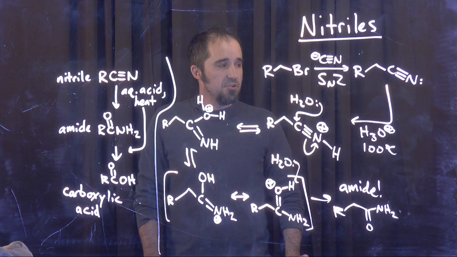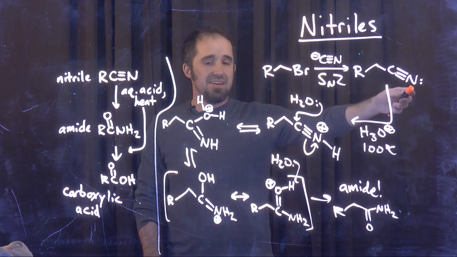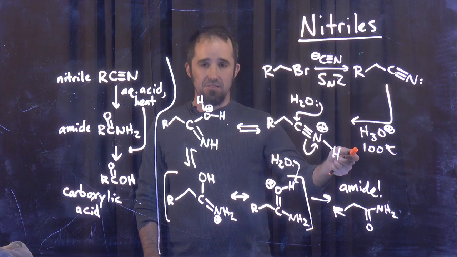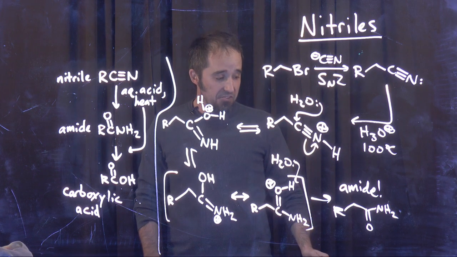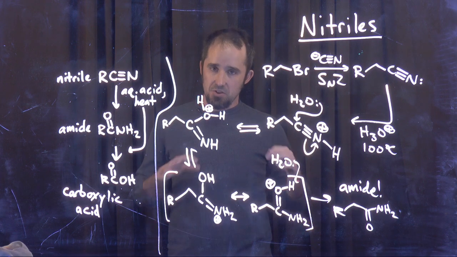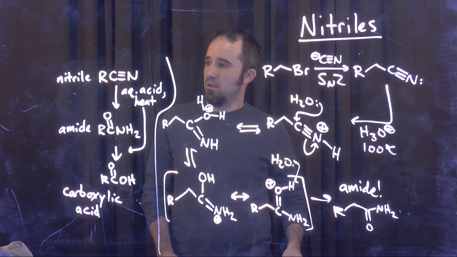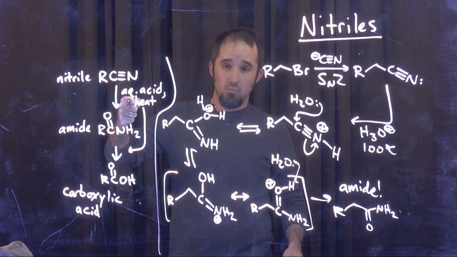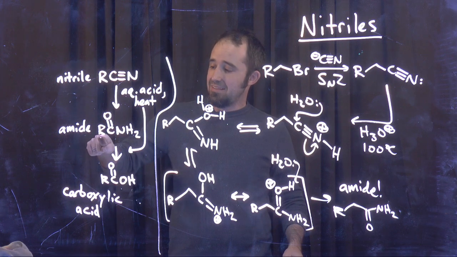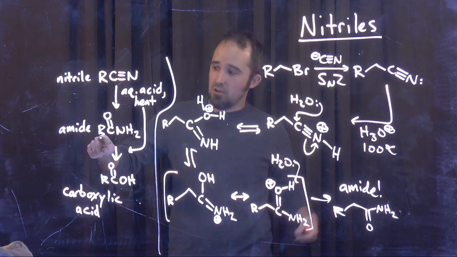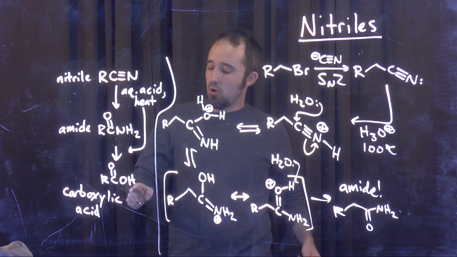So we just described how we can get from this nitrile to this amide by hydrolysis. If we remember that we can also hydrolyze amides to carboxylic acids, we can start to put these moves together a little bit. So I can start with a nitrile, cook in aqueous acid, probably boil it, get the amide. If I just keep that amide in the pot, keep cooking it with aqueous acid, I'm going to get carboxylic acid.